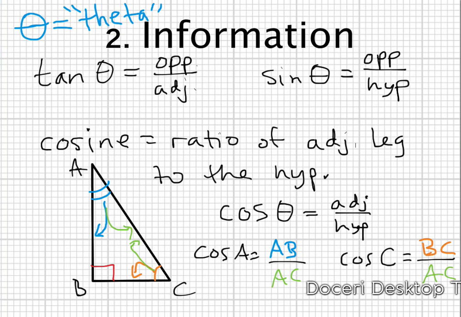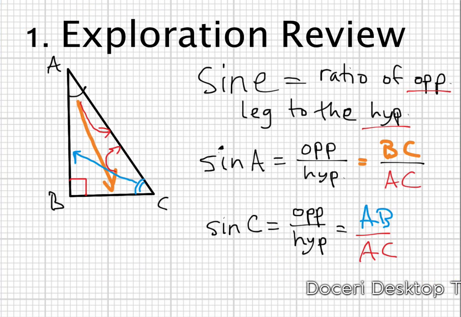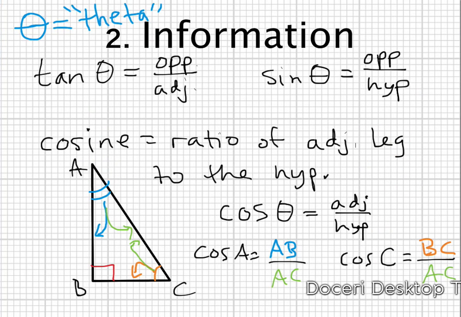Now, one thing you can notice is the cosine of A is actually the same as the sine of C. Sine of C is AB over AC. Cosine of A is AB over AC. So if you know the sine of one, you can find the cosine of the other.